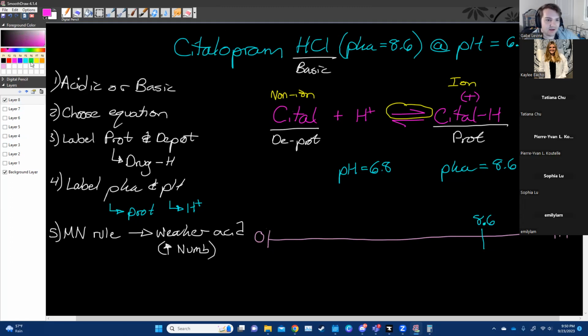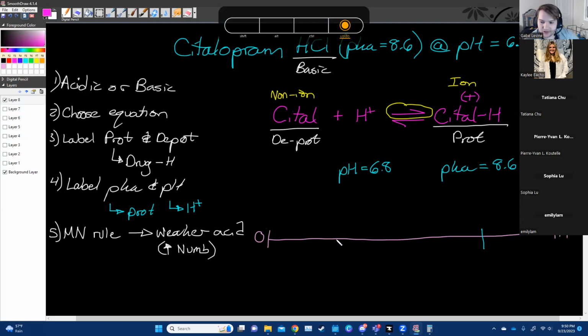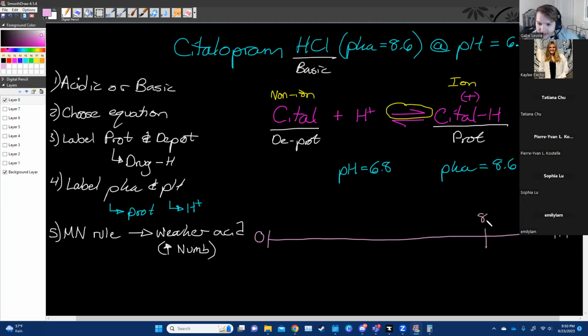And we can add in our, I did this in pink, pKa 8.6. We can add in our pH, which is at 6.8.